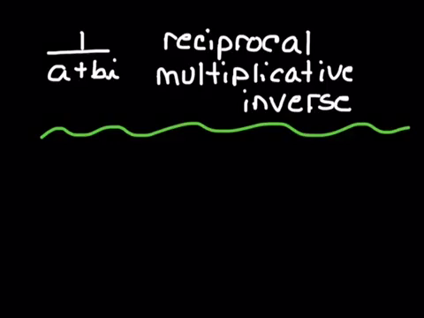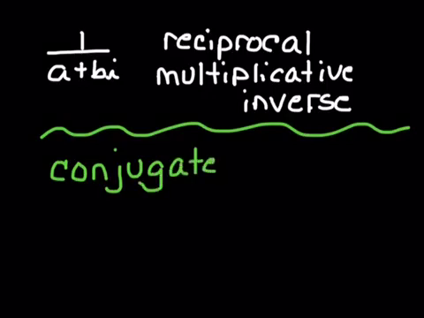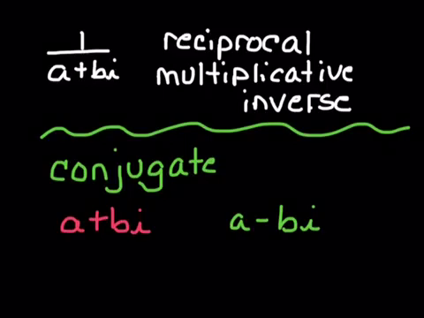So we will multiply by the conjugate to get rid of the i. So if a plus bi is our complex number, its conjugate is a minus bi. So we'll use those steps and those terms when we divide.